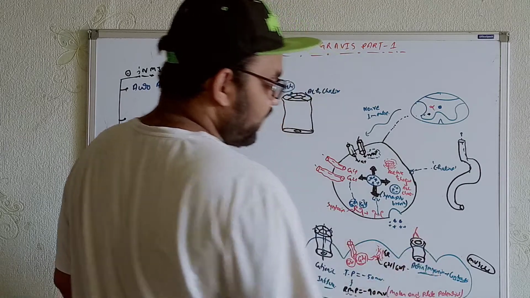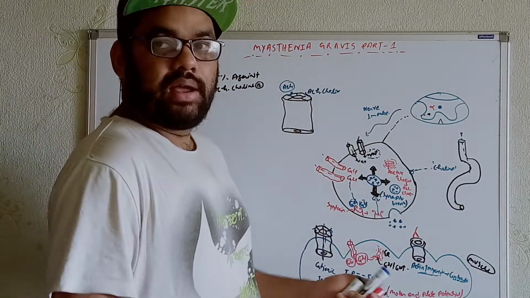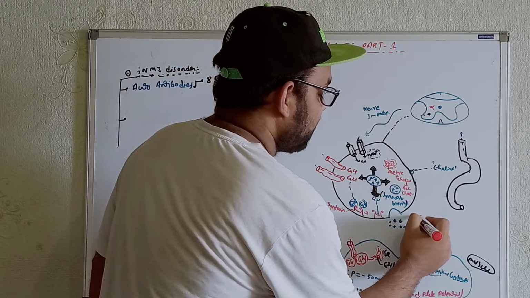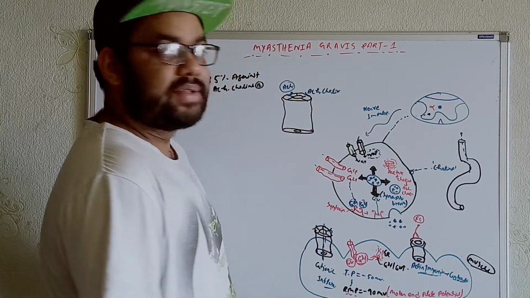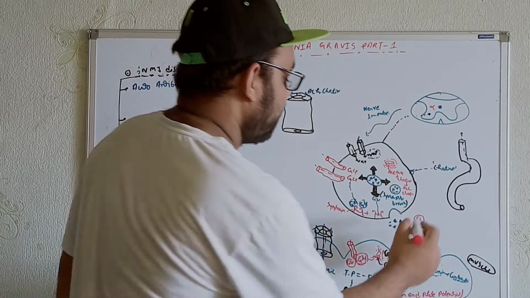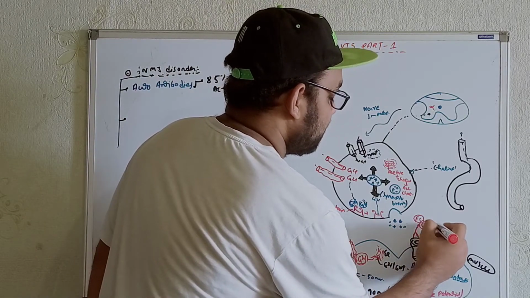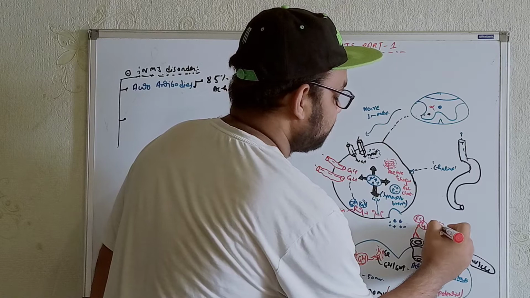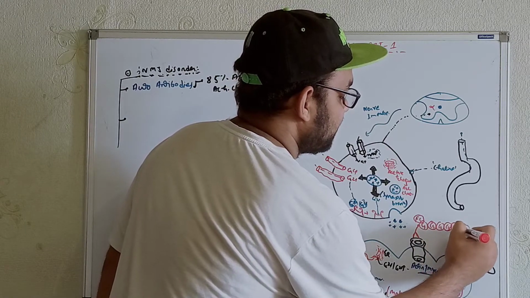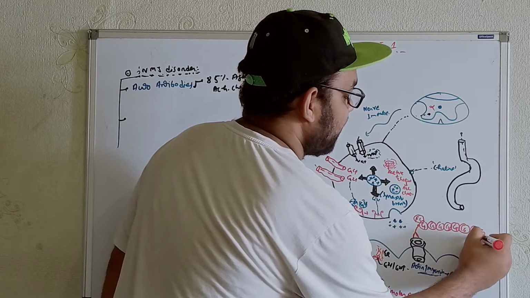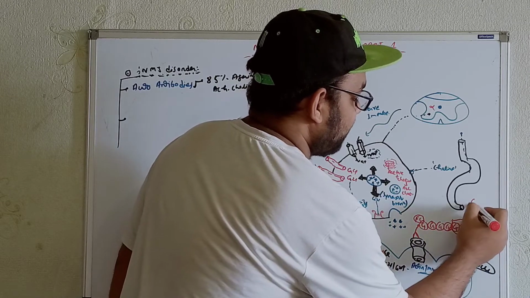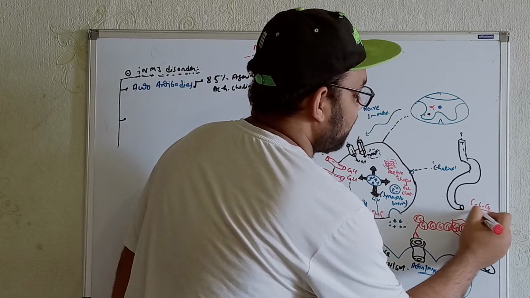Whenever the antibody attaches to the acetylcholine receptors, within the antibody there is the Fc region, and whenever the Fc region is activated, it will also activate certain complement proteins. In the classical pathway, we get C1, then C4, then C2, then C3b, then C5b, then C6, C7, C8 and C9. From C5b to C9, that will form the membrane attack complex.